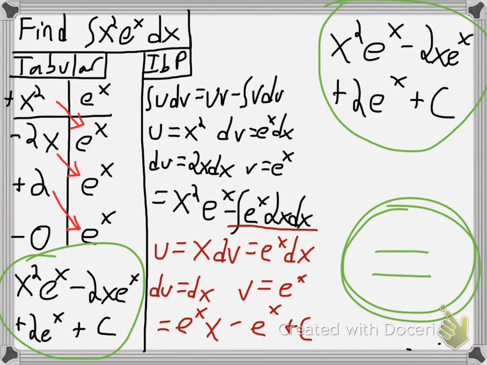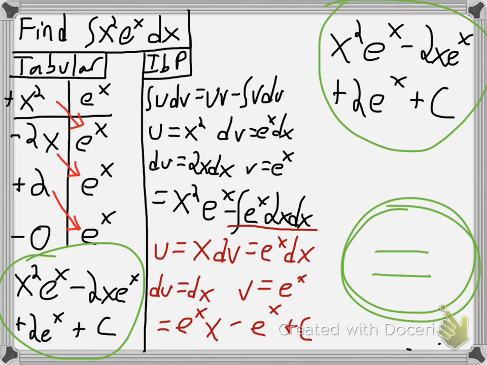So if we solve that more, we get the integral that we had found, the integral of e to the x 2x dx, that equals e to the x times x minus e to the x plus c. If we put that back into the equation, we get x squared e to the x minus 2x e to the x plus 2e to the x plus c, which is what we got before, so it's equal.